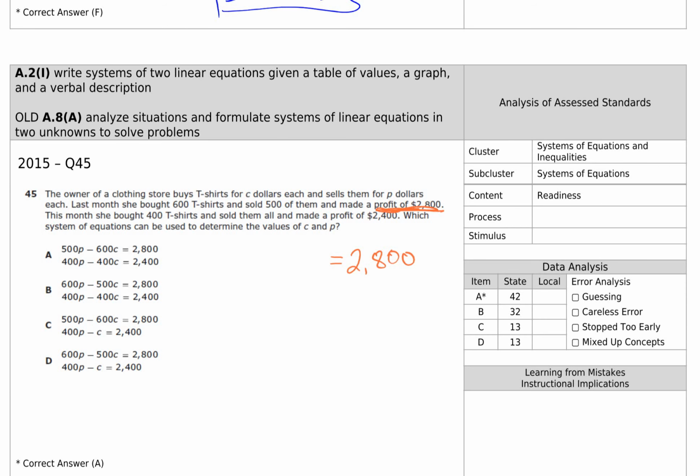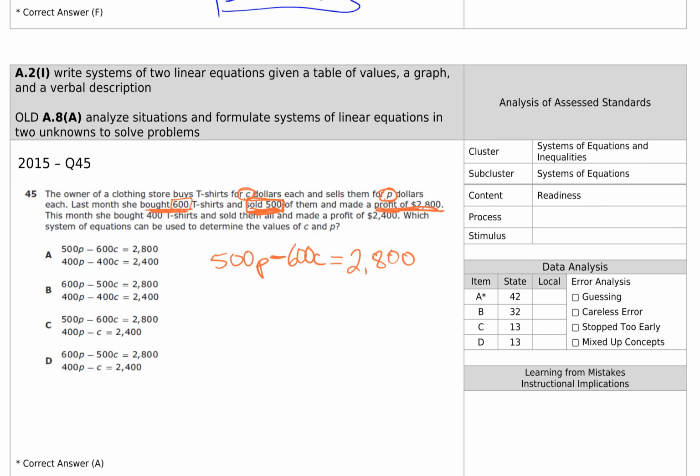And then we bought some stuff, so that means that's the money we put out. And when we sell some stuff, that's what's coming in. So we'll start with how much we brought in, 500 times the price we sold it for, 500 times P. But we have to take away from that the amount that it cost us to buy the actual thing. So we bought 600 times C, the cost it was to us.